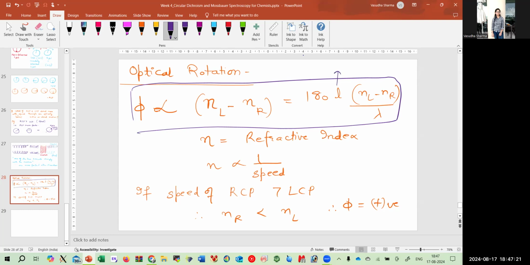Here, L is your path length and lambda is your wavelength.